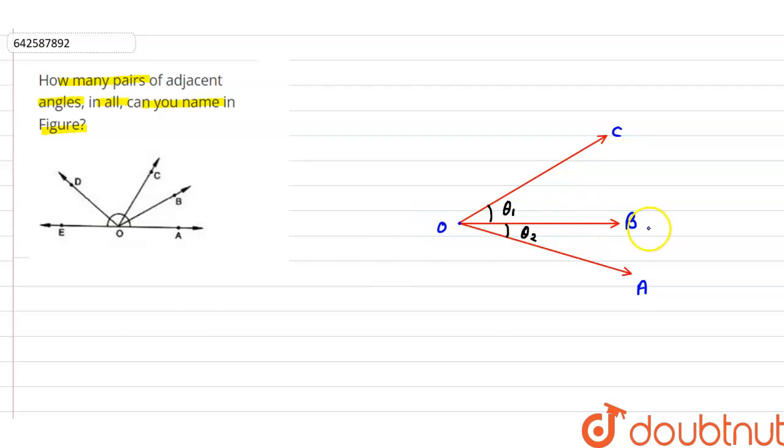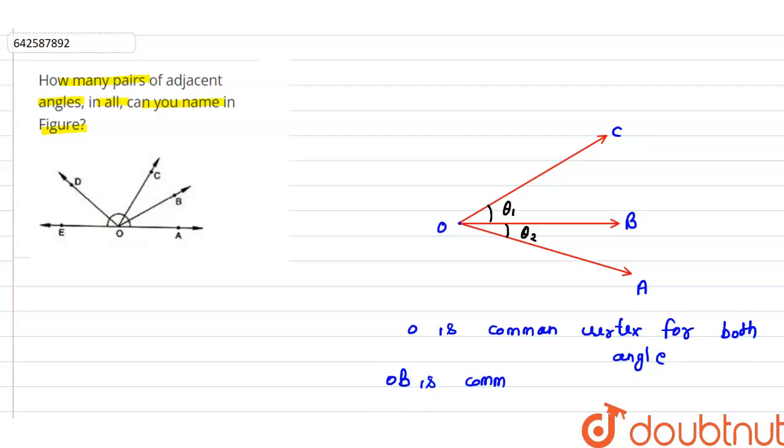Here OB is the common side, and O is the common vertex for both angles. So two angles form a pair of adjacent angles if their vertex is the same for both angles and there is one common side in both.